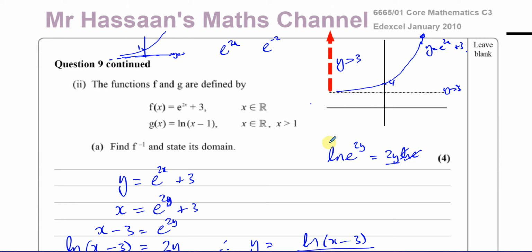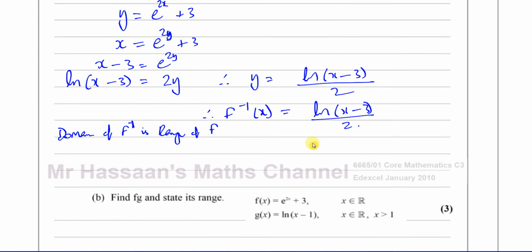So if that's the range of this function, then the domain of the inverse is going to be x is greater than 3. We can see that must be the case, because the ln of 0 is undefined and the ln of anything negative is undefined.